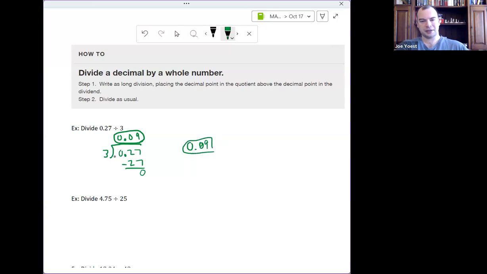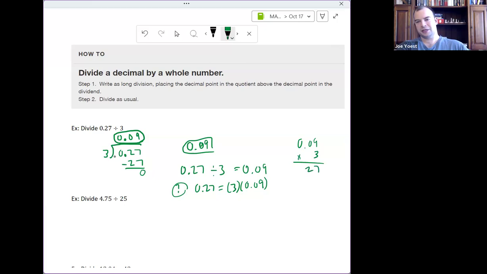If I wanted to, I could check this. My claim is that 0.27 divided by 3 equals 0.09. I can ask, is it true that 0.27 equals 3 times 0.09? Well, let's check. 0.09 times 3. 9 times 3 is 27.